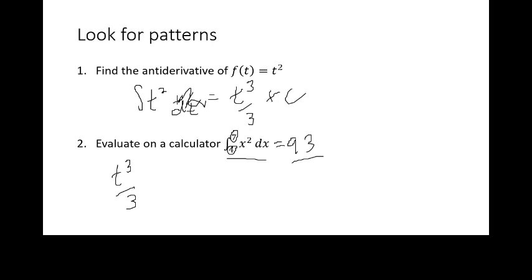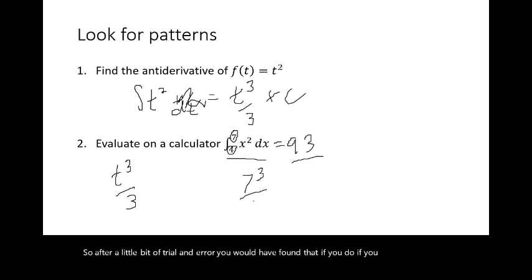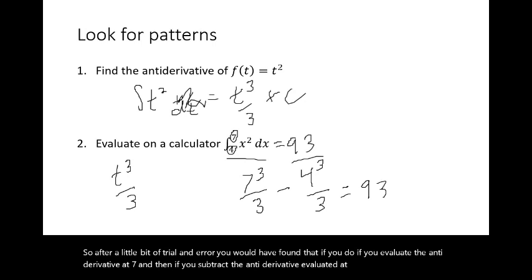So pause the video now and take a few minutes to figure that out. After a little bit of trial and error, you would have found that if you evaluate the antiderivative at 7, and then subtract the antiderivative evaluated at 4, you get 93.